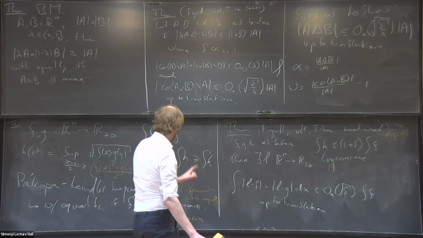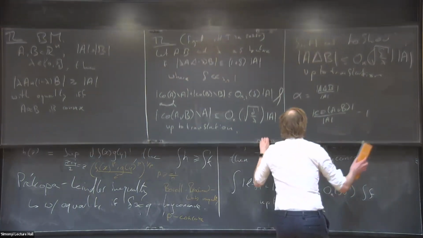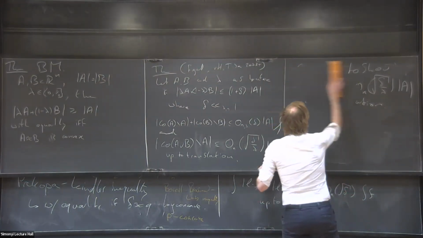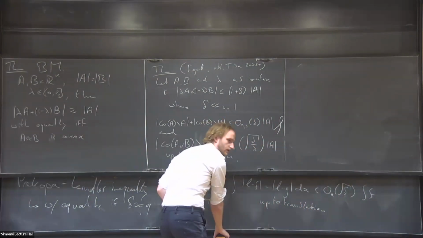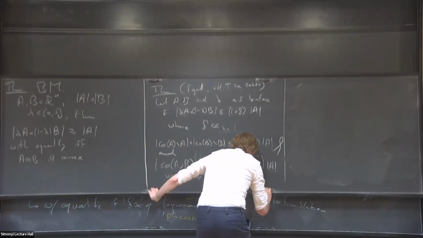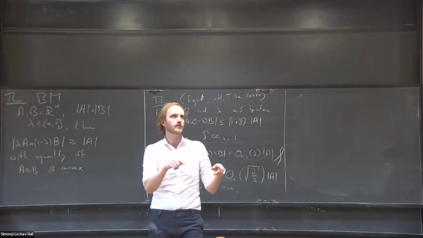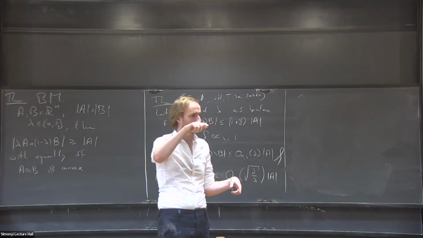Yeah, but maybe to give a little bit of intuition about why this p to the -1/n should be a reasonable thing. It's really because the Brunn-Minkowski inequality has a power 1/n.